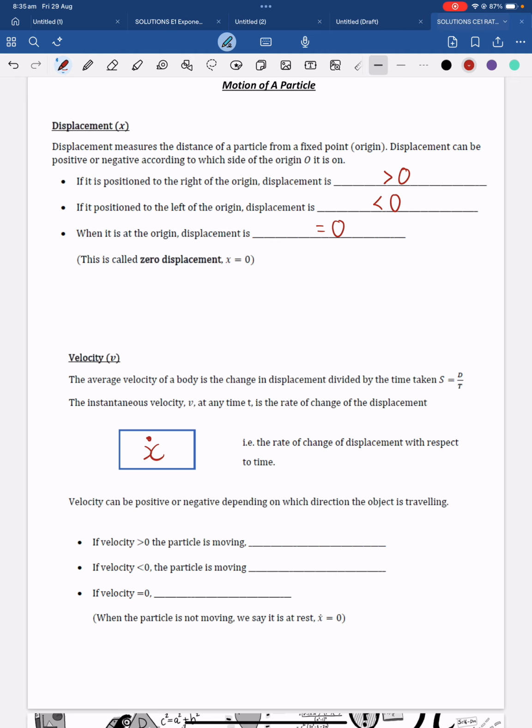If the velocity is greater than 0, it's moving to the right in a positive direction. Because remember, this is all two-dimensional, okay? If velocity is less than 0, it's going left in a negative direction. And if it's 0, it's at rest.